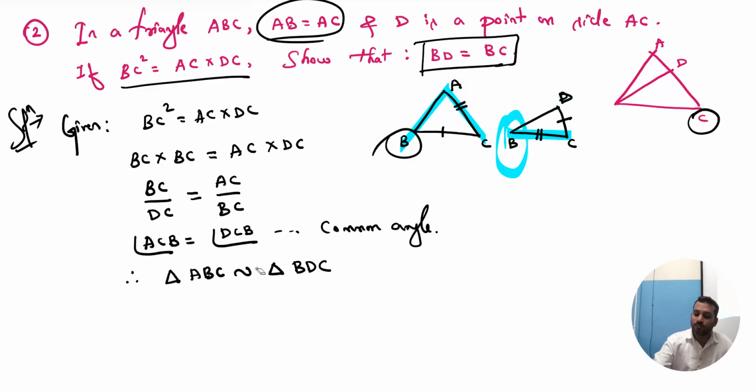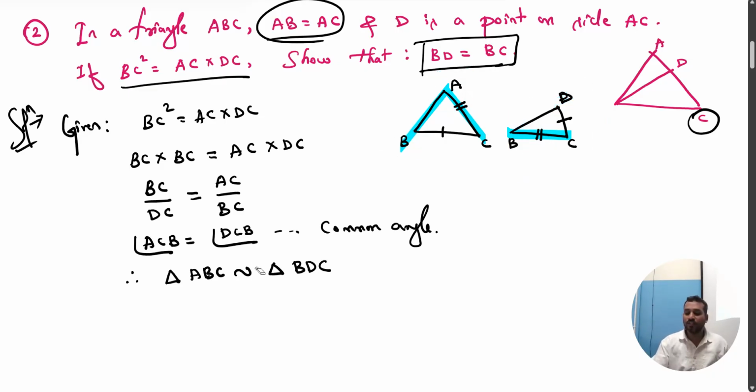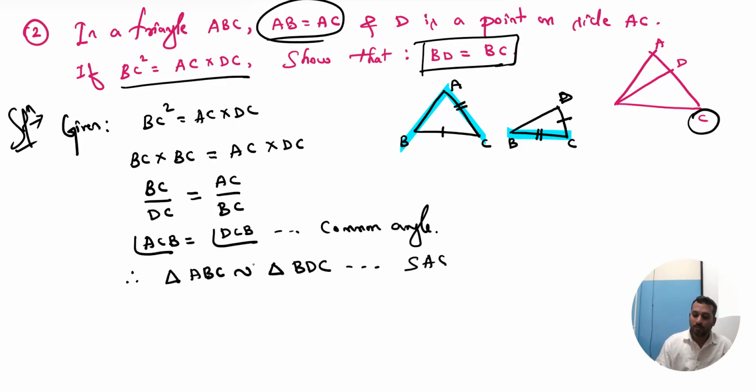Any doubts with these concepts? Understood how to identify the sides and how to identify the angles? Here we can say that triangle ABC is similar to triangle BDC. How can you say this? Based on SAS similarity criteria. According to SAS similarity criteria, we can say that triangle ABC is similar to triangle BDC.